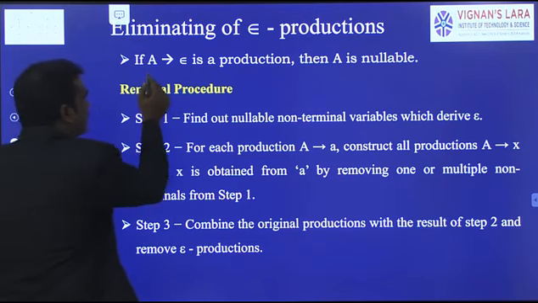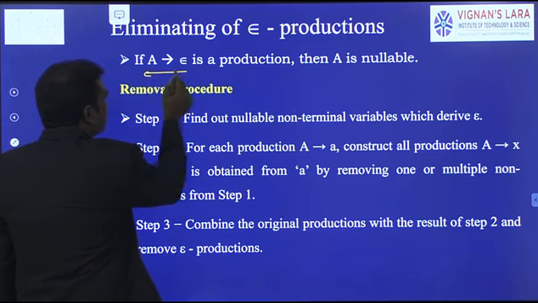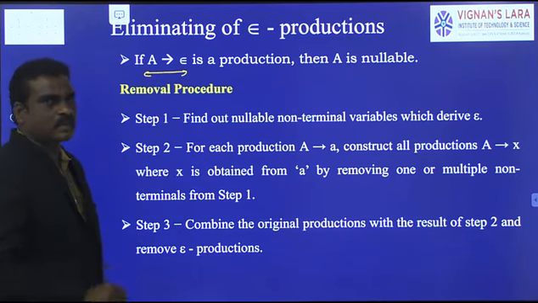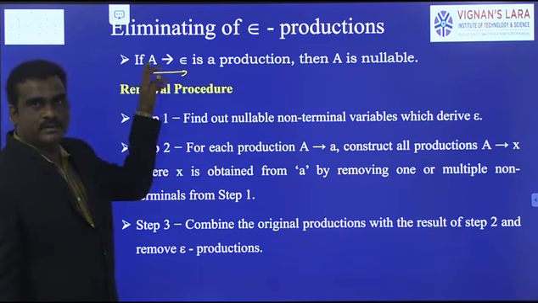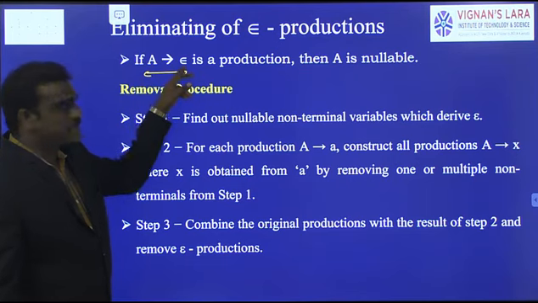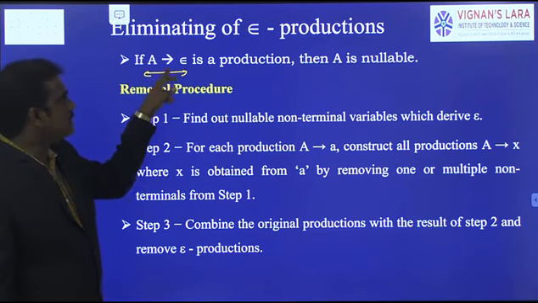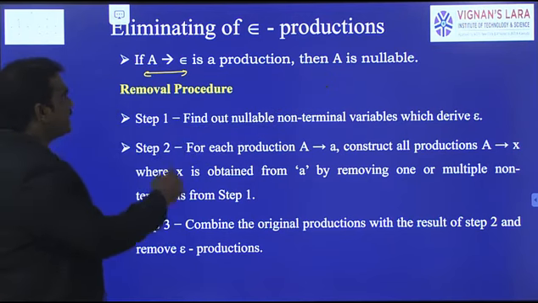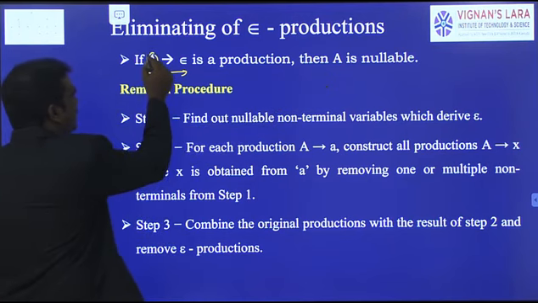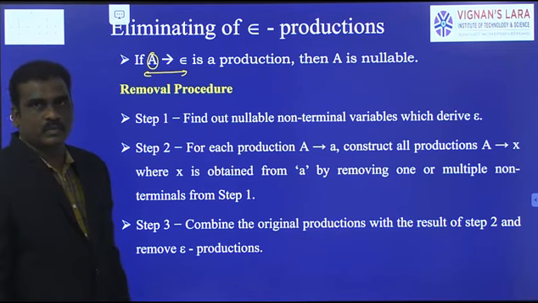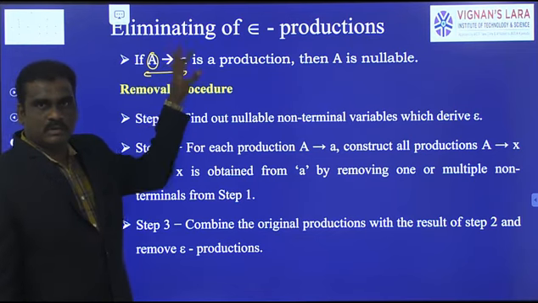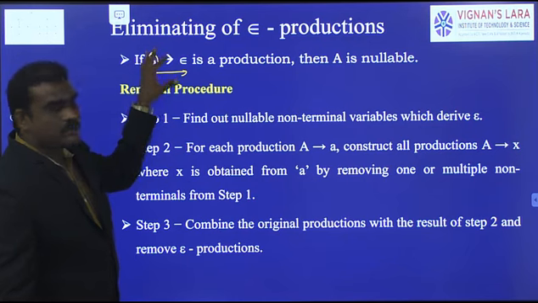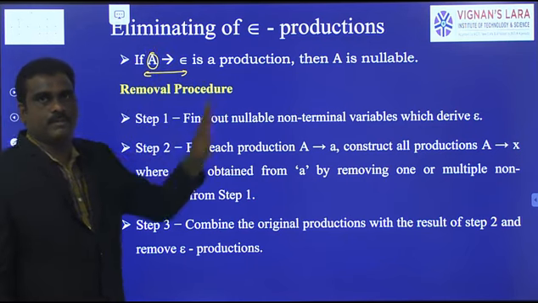Suppose the grammar is of the form A to epsilon. So A is a non-terminal, it derives epsilon. So A to epsilon is a production. Then A is nullable. So in this case A is a nullable production. Okay, it is an epsilon production. So now we have to eliminate this epsilon production.